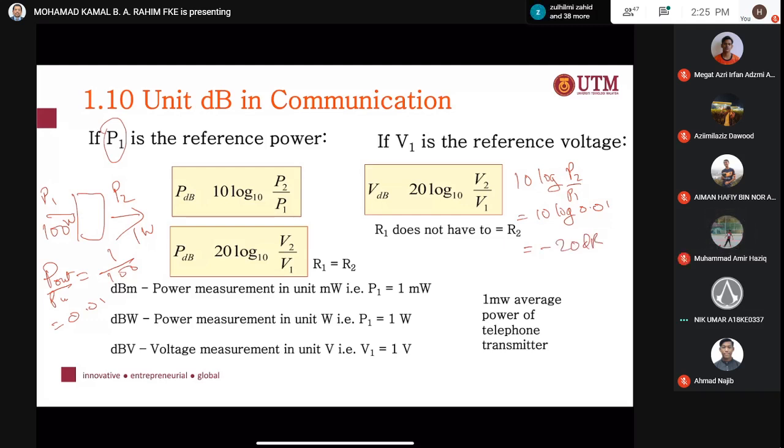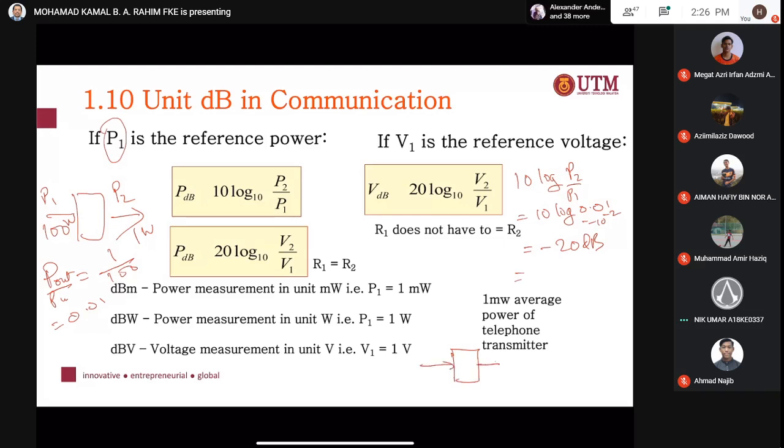Because you can write it as 10 to the power minus 2, isn't it? So you bring down the minus 2, giving 20. So negative 20 dB.